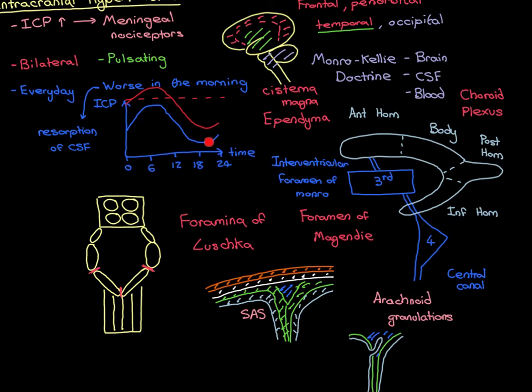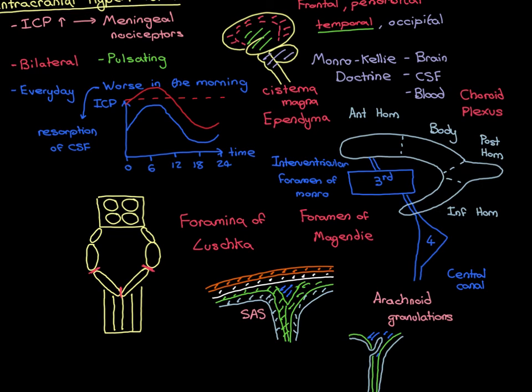So, in the evening, when you're not resorbing much CSF, you're still producing more CSF from the choroid plexus, therefore the amount of CSF goes up and up and up, and this causes intracranial pressure to go up and up and up. So by morning, intracranial pressure is at its maximum, then resorption of CSF goes back up, so CSF is going to go down, and therefore intracranial pressure is going to fall back down, and then by the evening it's at its lowest, and then of course resorption of CSF goes back down, and then the whole thing repeats itself again.